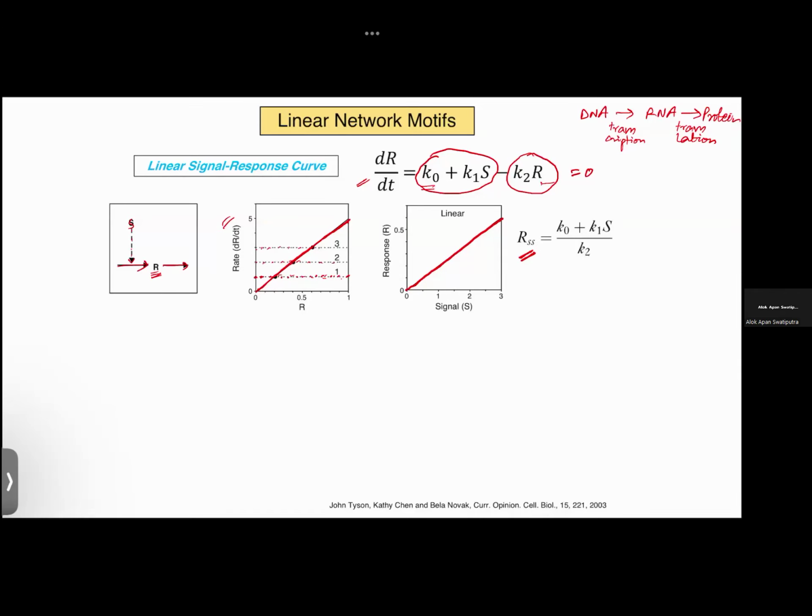When you put S equal to 3, as you increase S, your line of K0 plus K1S is increasing, and the point where it is cutting is moving towards higher values of R. So from both this point and from this graph, you see that as you increase the signal strength, the steady state value of your protein response also increases, and it increases in a linear fashion. So that's why this is a linear signal.